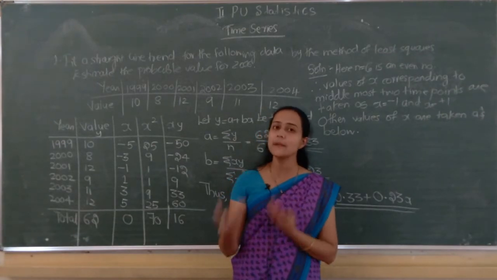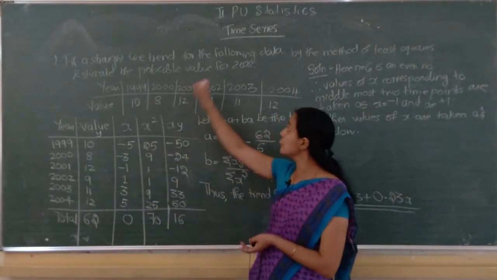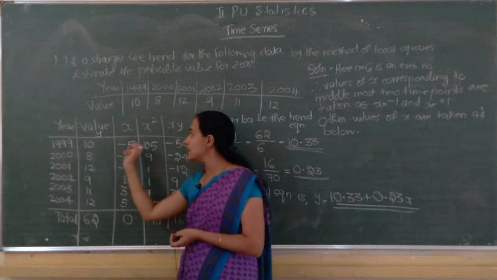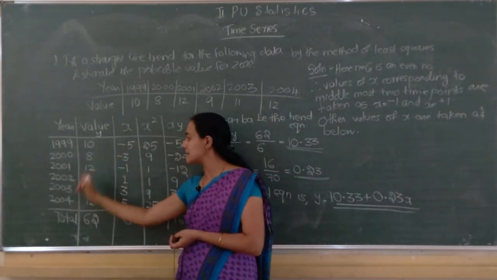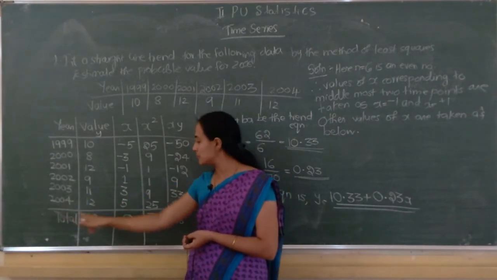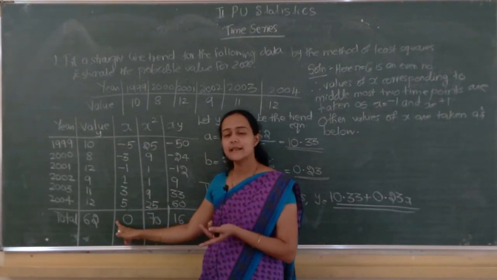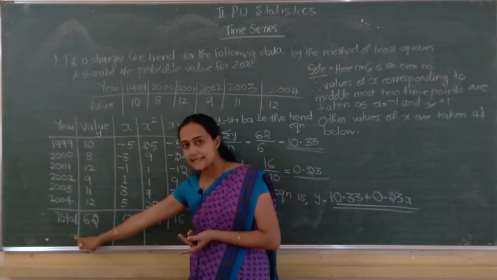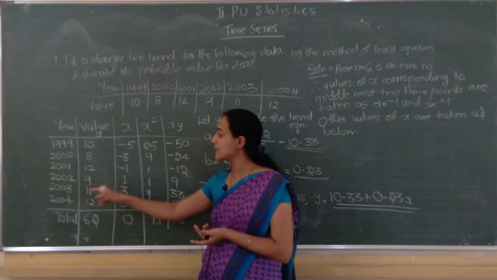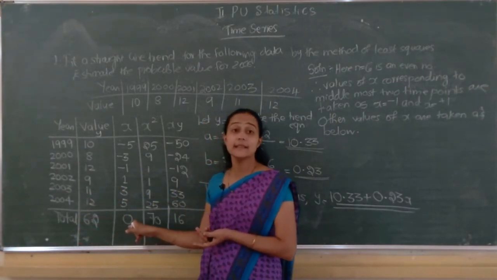Similarly, we will estimate the future trend in this equation only by putting the x value for 2006. Clear? So 1999 is minus 5, 2000 is minus 3, and so on: 2004 is 5, 2005 is 7, 2006 is 9, correct?